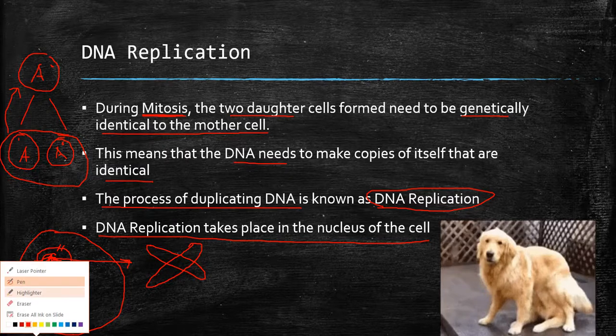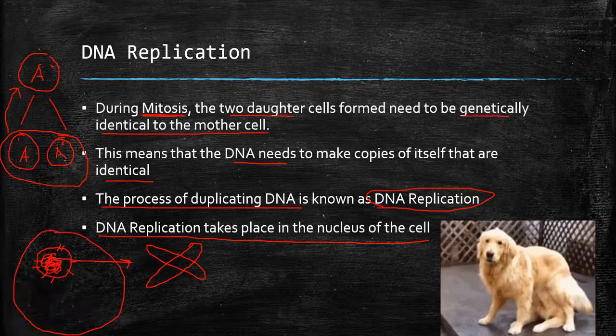Okay, so let me complete the drawing, and we have something right here in the middle, so I'm gonna label it now. Alright, so now this right here is a chromatid, and that's where the DNA is, and this here is another chromatid with DNA as well.